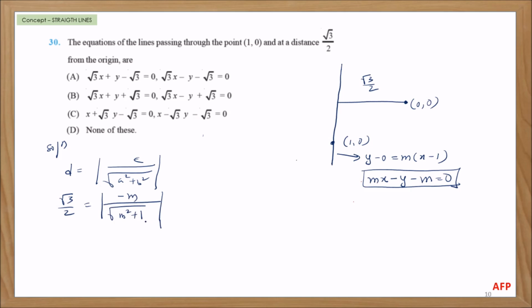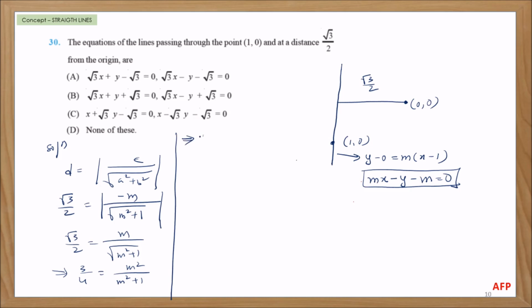Now this minus sign will be eliminated. Root 3 by 2 times square root of m square plus 1 equals m. Squaring on both sides, 3 by 4 (m square plus 1) equals m square.